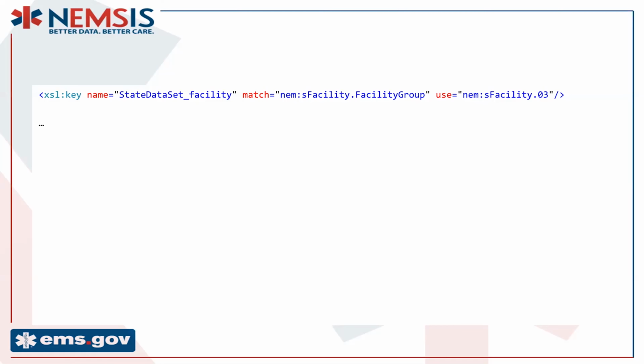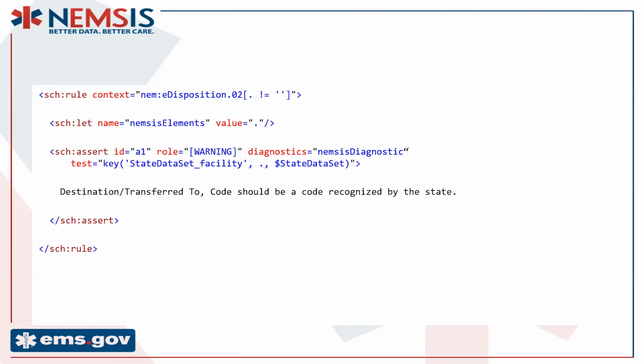Okay, so that's the setup at the top of the Schematron file, and then here's how we use it within the Schematron file. Here I have a Schematron rule. The context is edisposition.02, and this little code here means that it's not empty. edisposition.02 is destination code.